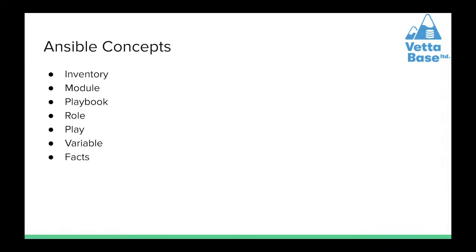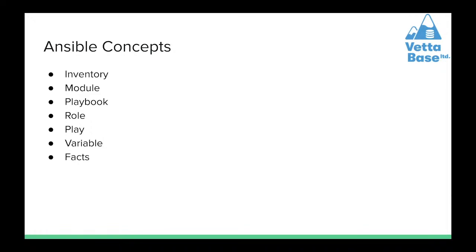Inventories can also be dynamic, which means they can retrieve the list of servers from remote services. This is very useful if your servers are in the cloud, but we will not discuss this.